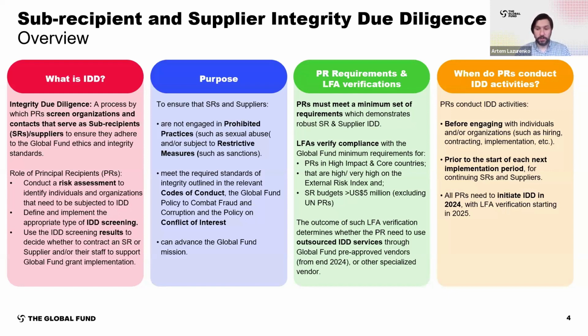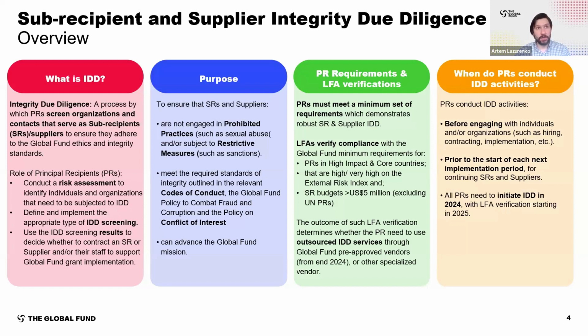Just importantly to note, straight in advance, that the IDD activities, integrity due diligence, this is something that we expect principal recipients are doing in advance, even before contracting individuals or organizations, before bringing them into the Global Fund implementation structure, before placing reliance and trust on outside organizations.